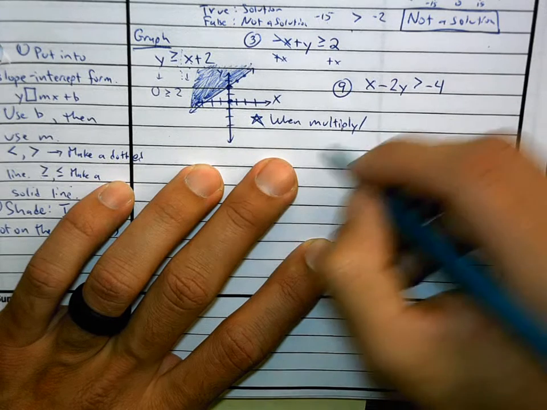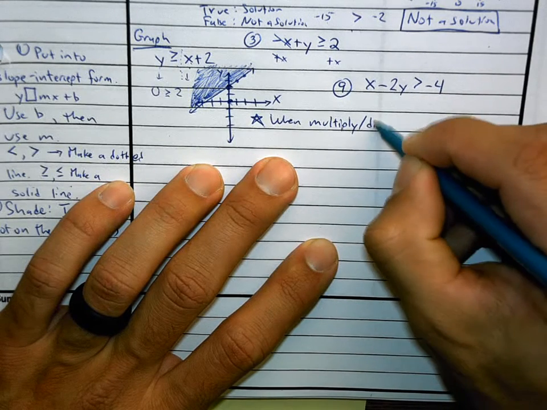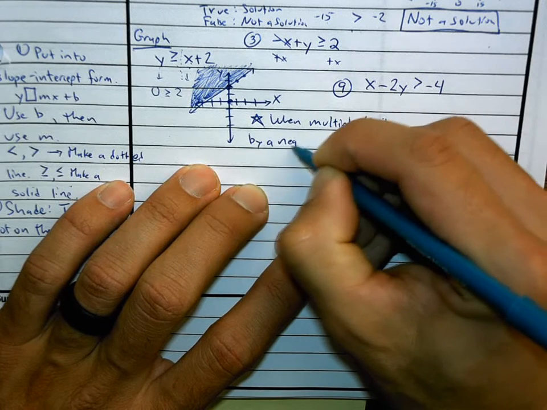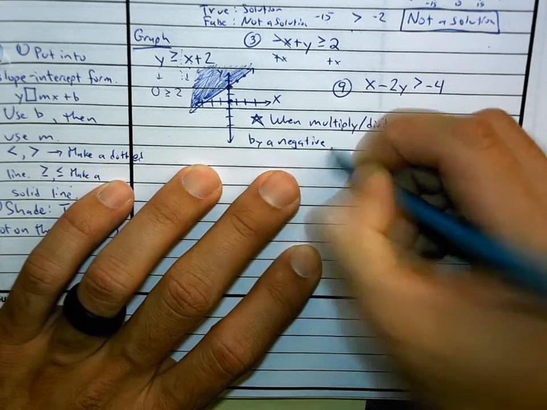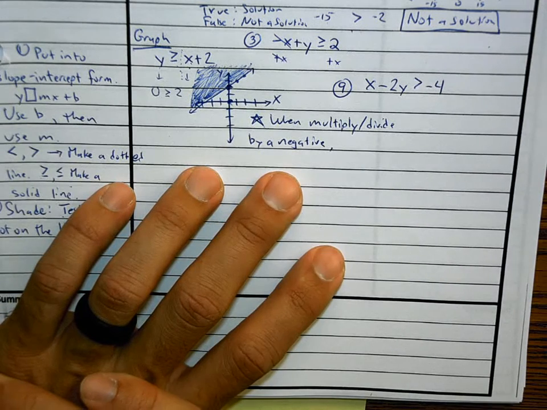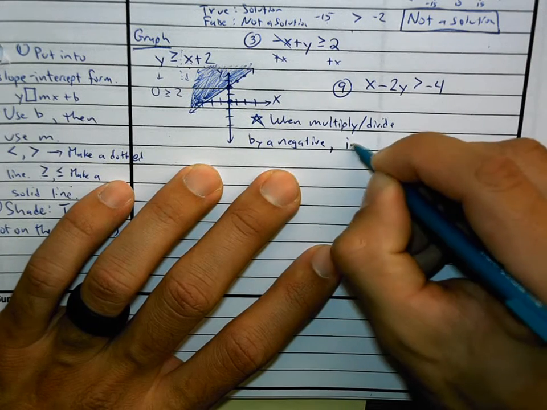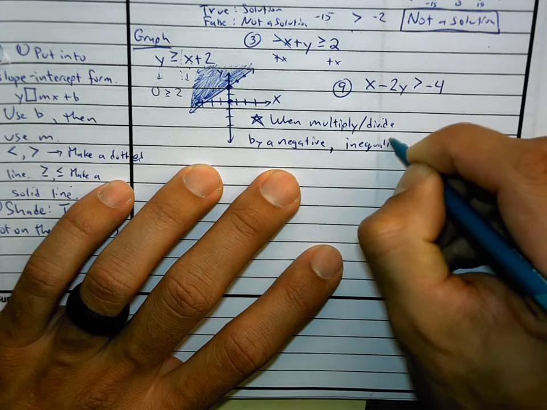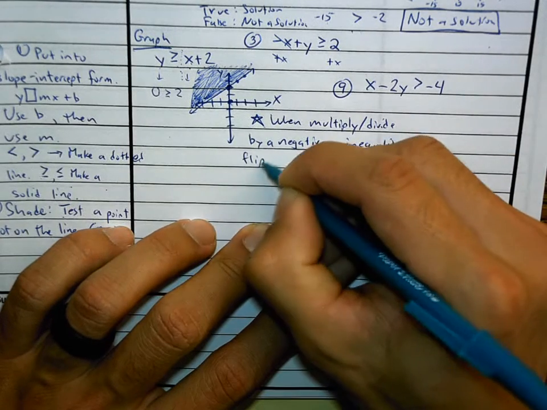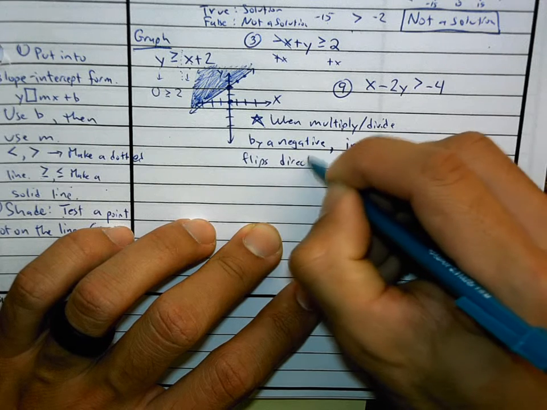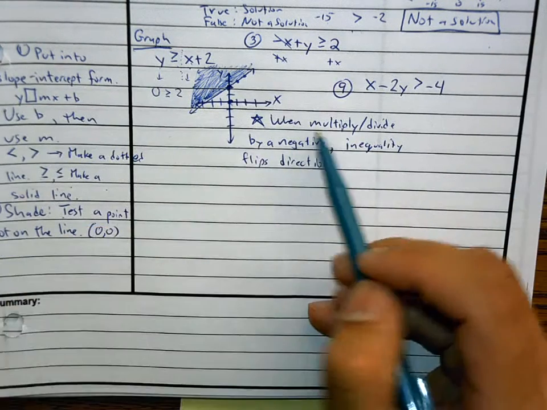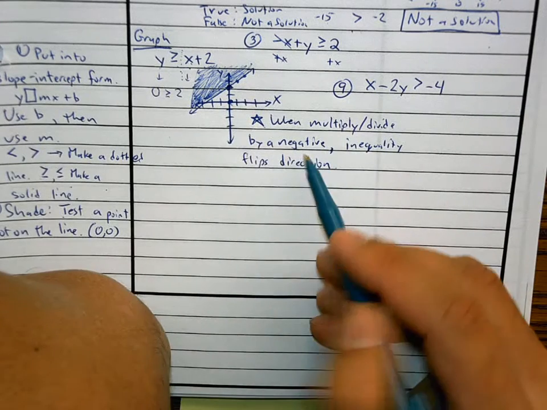When you multiply or divide by a negative, the inequality flips direction. When you multiply or divide by a negative, the inequality flips directions.